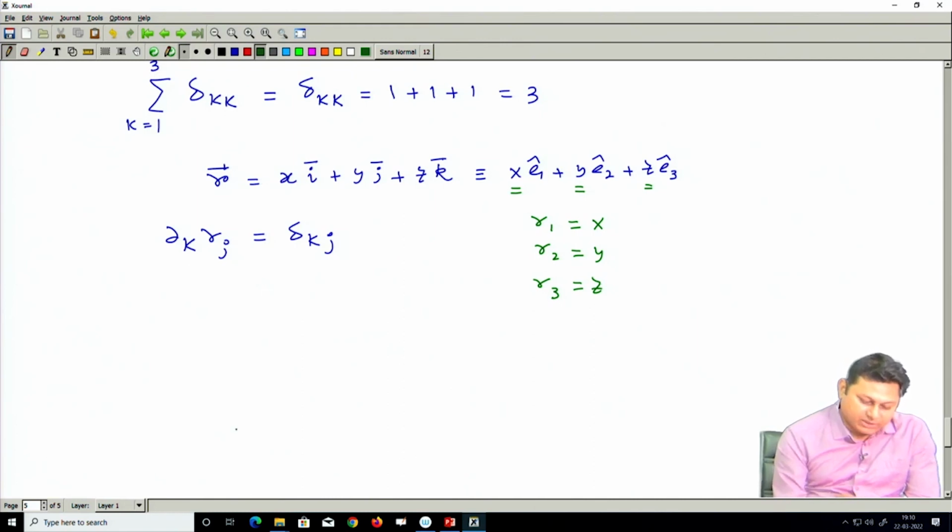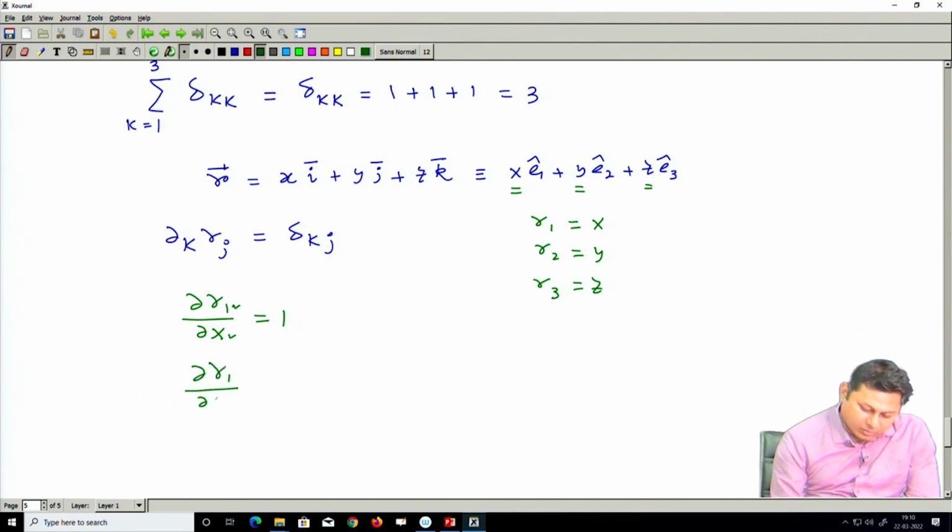Now, if you look carefully at how these things are defined, delta r1 by delta x should be 1. So here, 1 and x, that is k is 1 and j is 1, delta 1 1, so it should be 1. What about the other values, r1 and delta y?